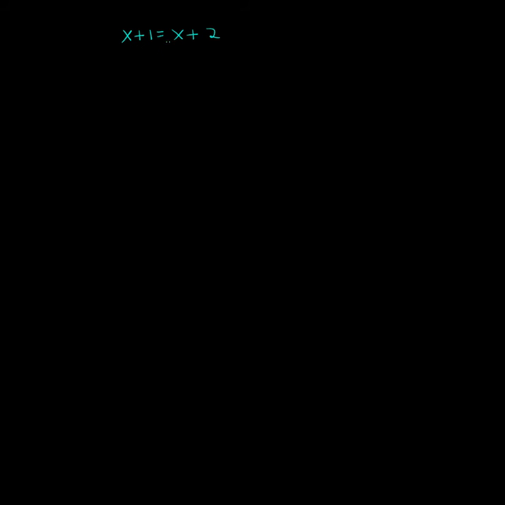We would get x's on both sides, so we'd subtract both sides by x, and so we would get 1 equals 2. So that would be an example of an equation that just doesn't have any solutions, because no matter what x is, we're basically going to come to showing that 1 equals 2, and that's not right.